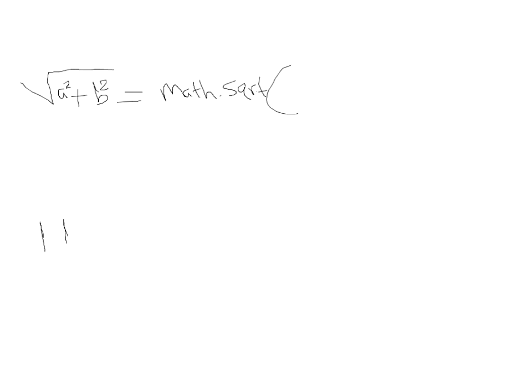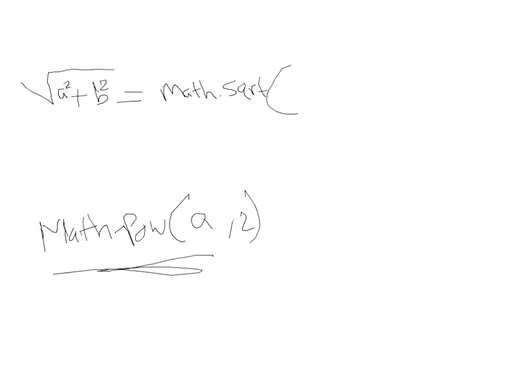Theoretically, you should write Math dot pow, a comma 2, indicating a to the power of 2. But this is long to do, so in shorter form, it's easy: it's just a times a plus b times b.